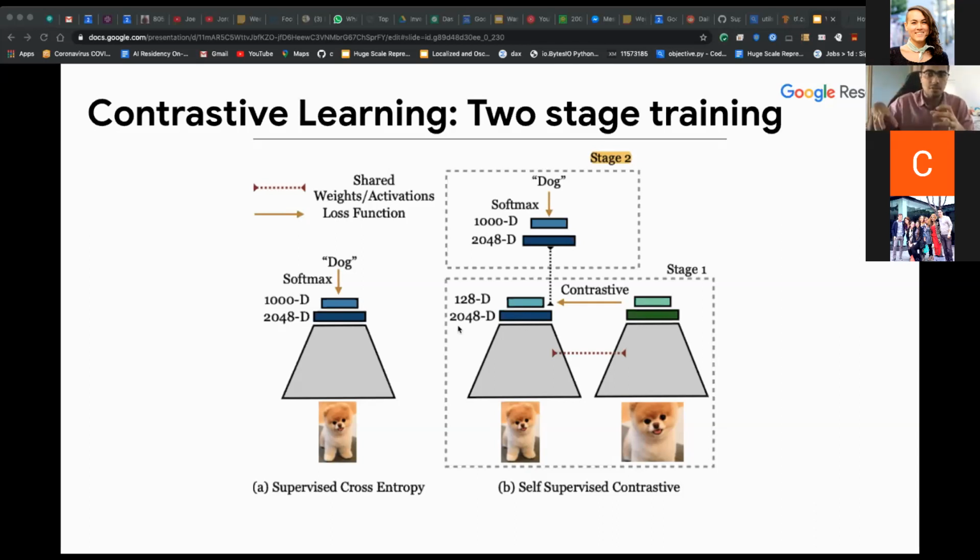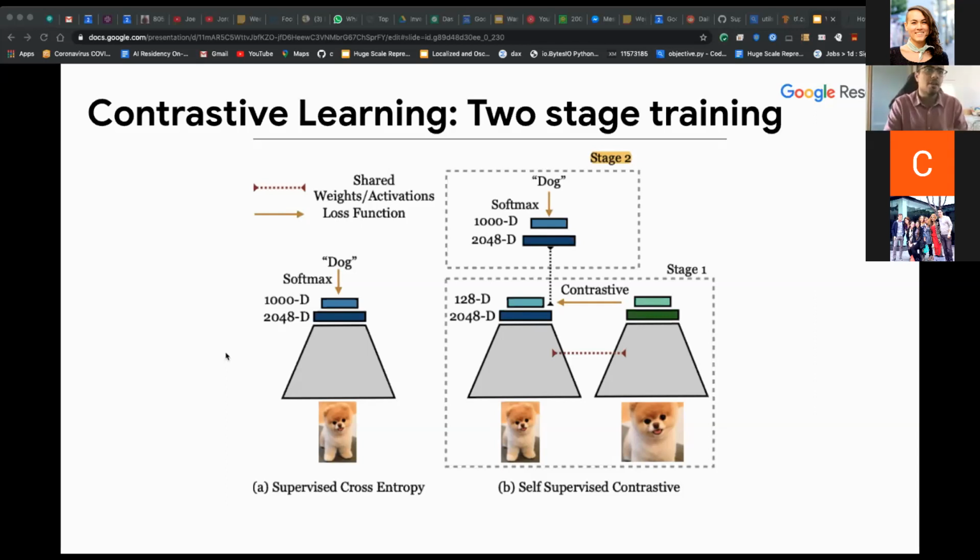Apply contrastive losses in that space, train your network, and then you drop out the projection networks and use the 2K embeddings, that is the last layer of the ResNet in most cases, or EfficientNet, whatever is your encoder network. And you apply a linear classifier on top of that and try to do cross entropy training. So there's a first stage where you're doing contrastive learning, and a second stage where you're doing cross entropy learning. This is in contrast with standard cross entropy where you train end to end.